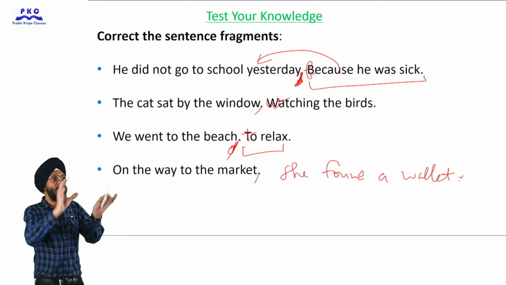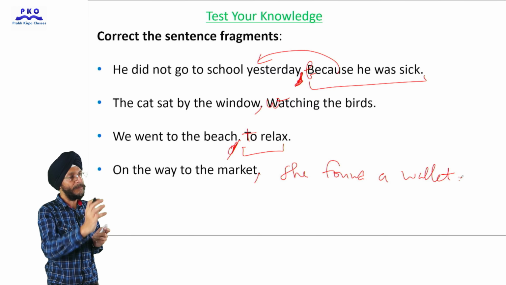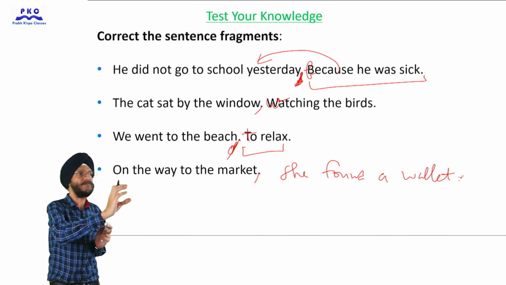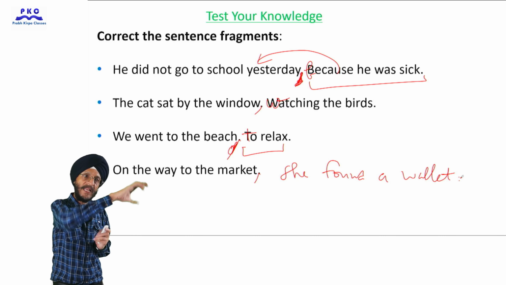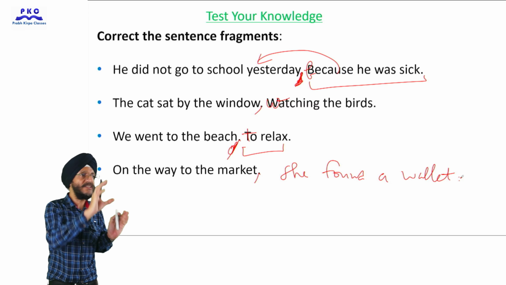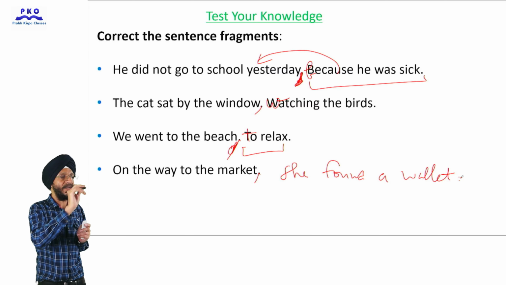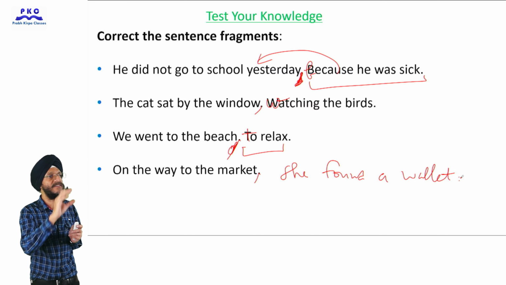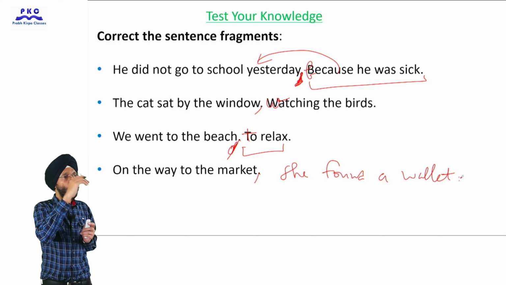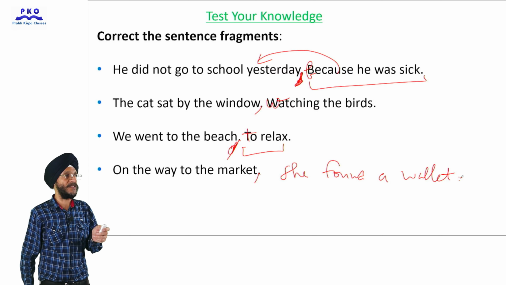So far we have understood that in the case of sentence fragments, the subject may be missing or the verb may be missing, or some sort of dependent clause may be there, or some helping verb may be missing. So we have to keep all things in mind so that such errors in our writing are avoided and we are able to convey our message properly, concisely, and to the point to the other person.